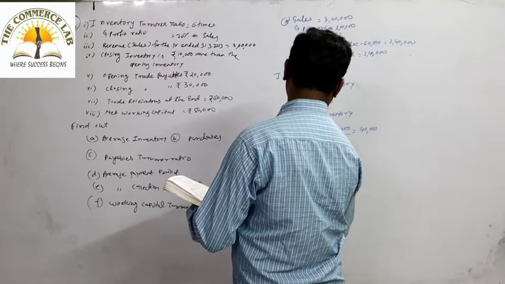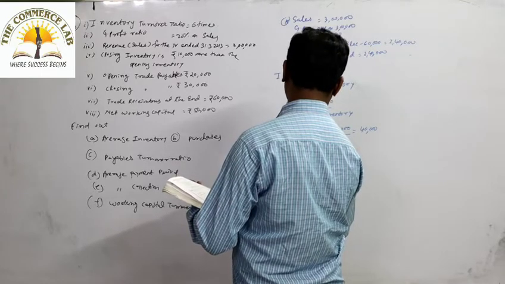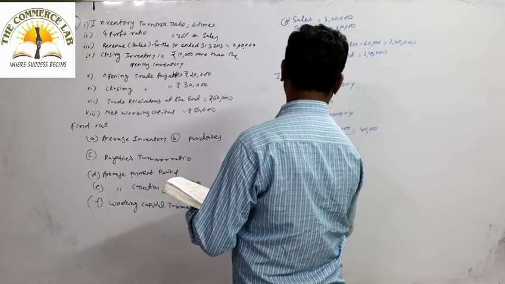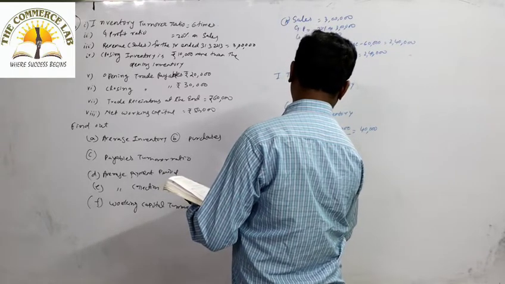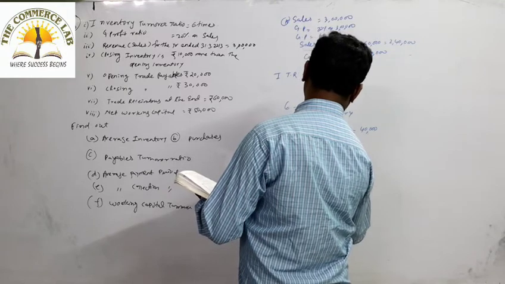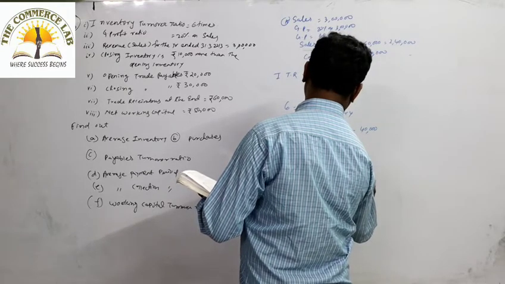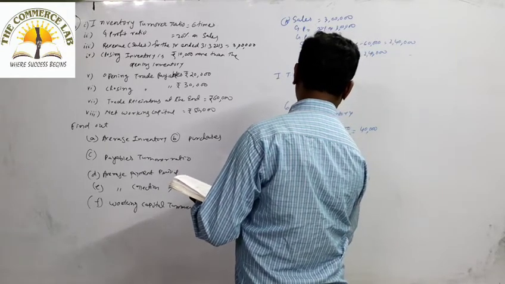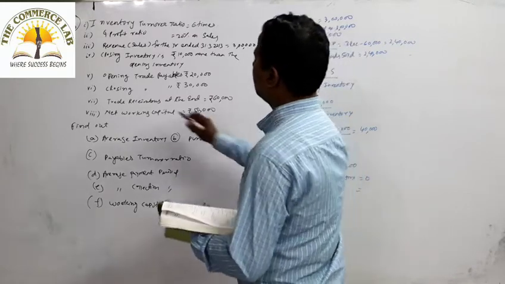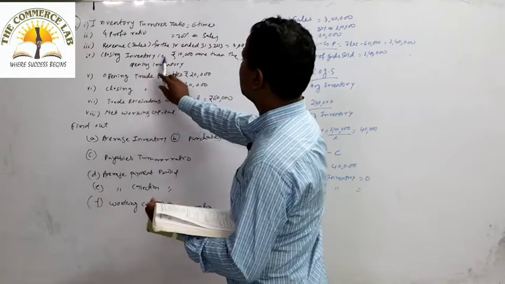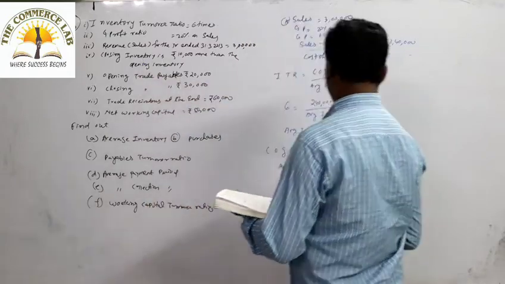Let the opening inventory be O. What is the information regarding the closing inventory? It is written that the closing inventory is 10,000 more than the opening inventory.